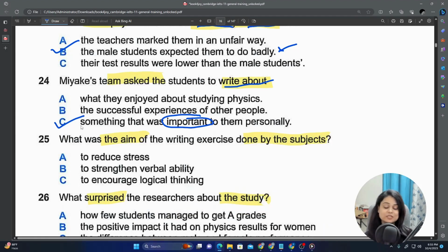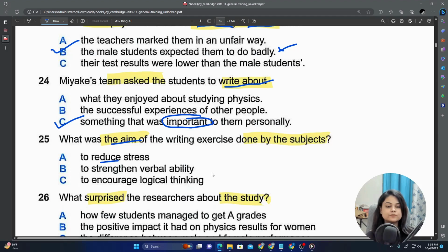This one was easy though. The idea of doing the writing is that this gets the students thinking in a positive way. And putting these thoughts into words can relax them and help them overcome the psychological factors that lead to poor performance. Yeah.